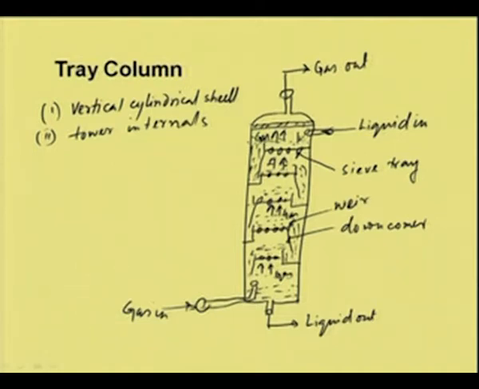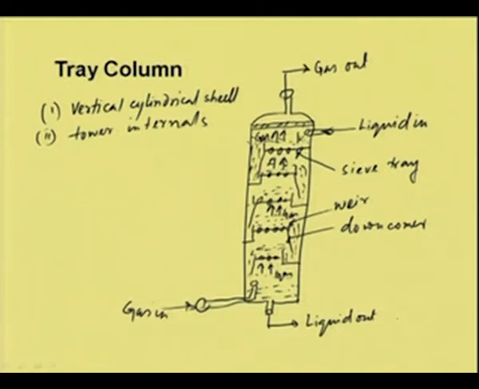So this is a multi-tray tower, or we can say a cascade system inside the tray towers, and there are nozzles through which the liquid and gas are fed to the towers.